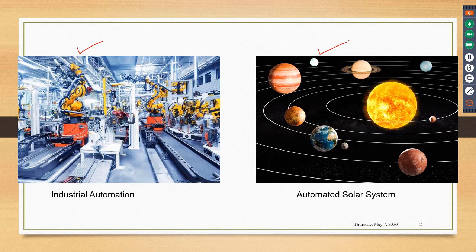It is working very perfectly. It is also an automated system, but much more precise, and it is designed by the highest authority, the supreme personality of the universe. Therefore it is designed very perfectly.